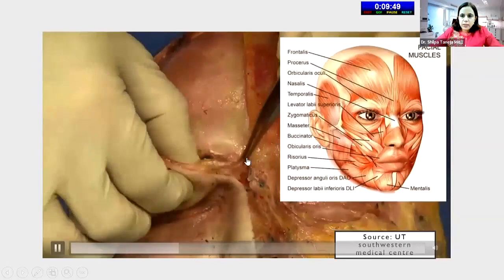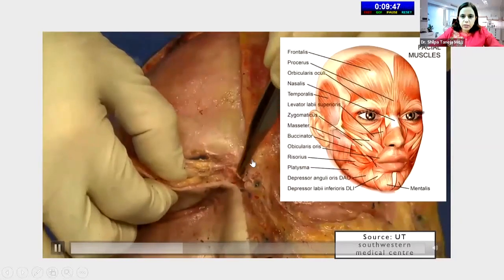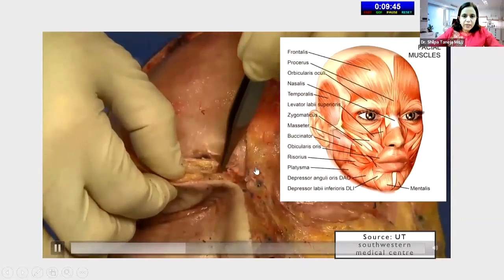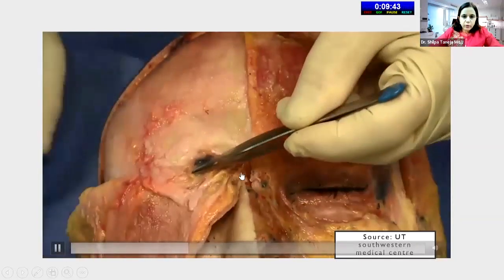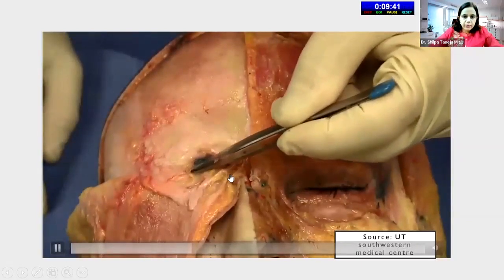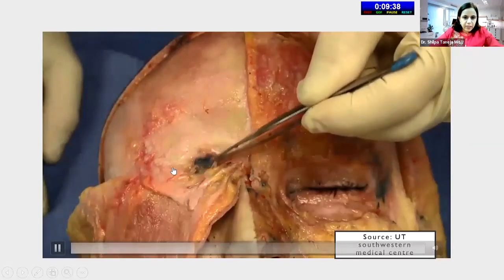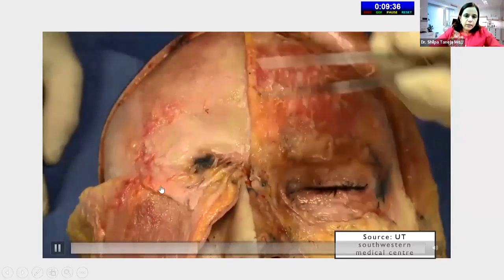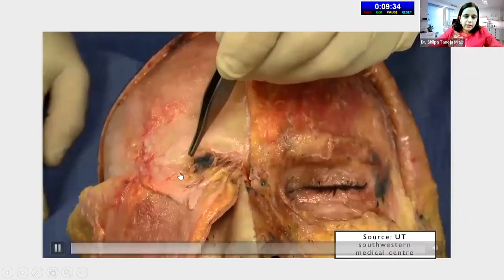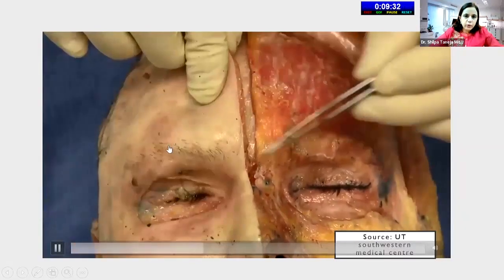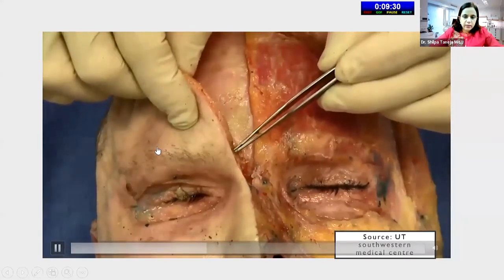Pinch the muscle in your hand and inject the neuromuscular injection whenever you want to. Just take care of the retrograde flow here because the danger zone 1, as we saw, lies here. The supraorbital nerves and vessels lie here and run at the center of the forehead right here.